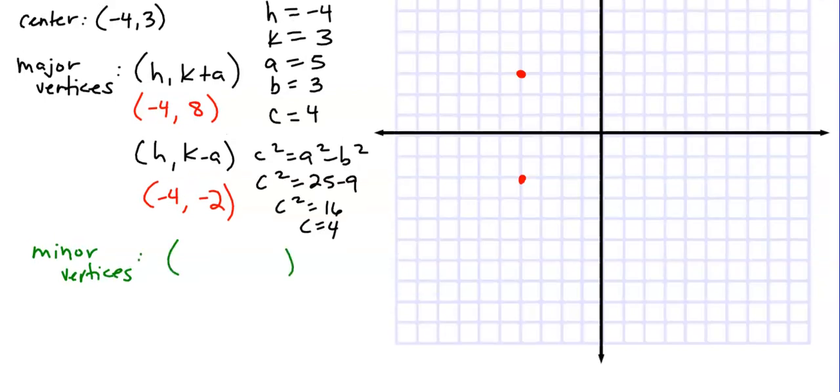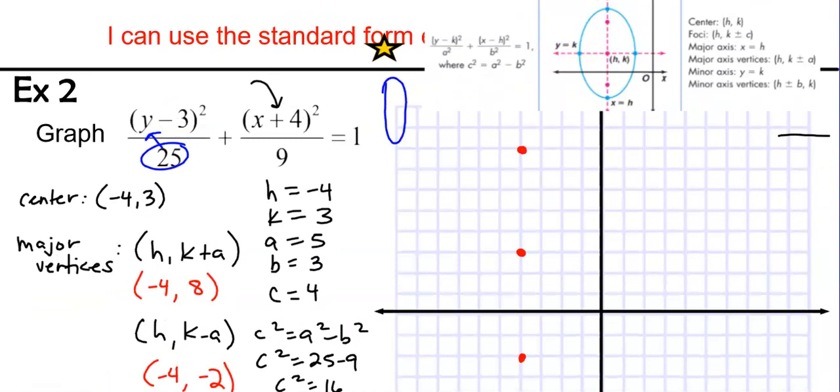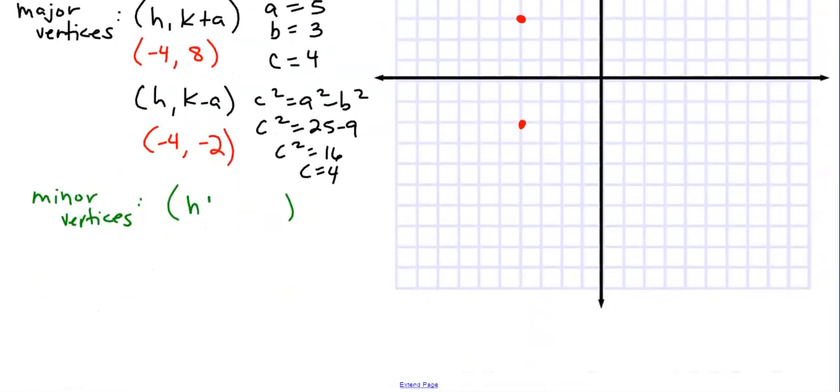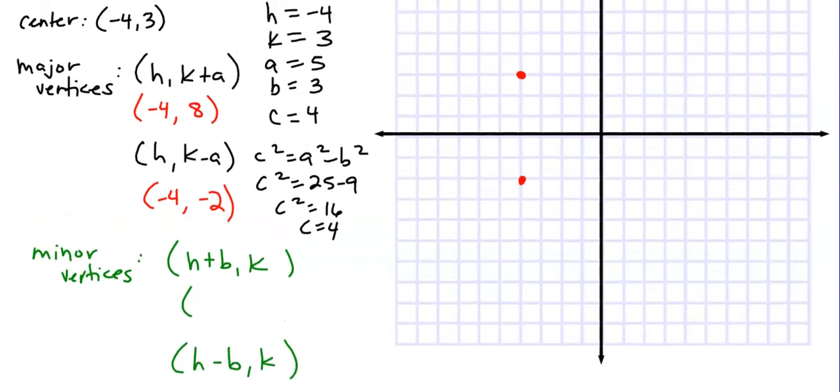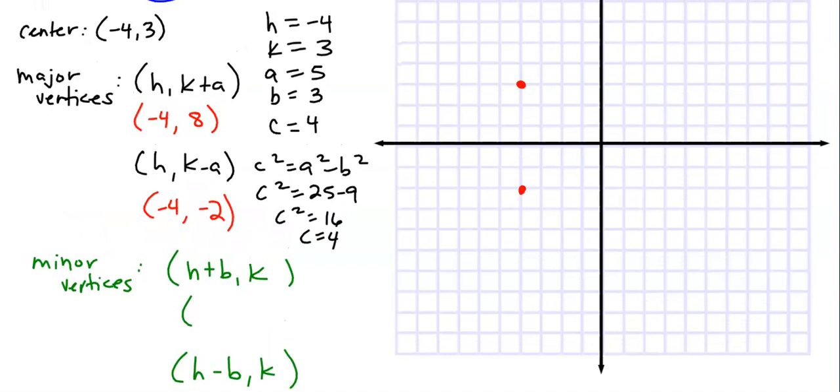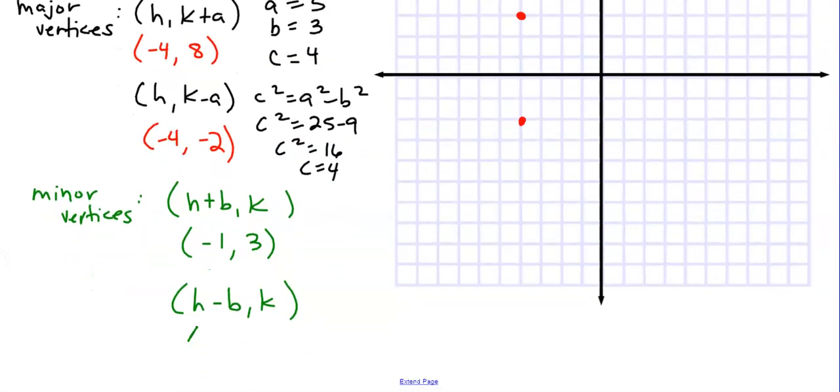And our minor vertices happen at H plus or minus B and K. So H plus B and K, and then H minus B and K. So if we follow our stuff, H plus B, so -4 plus 3 is -1, and then K is 3. And then H minus B, so -4 minus 3, -7, and 3.